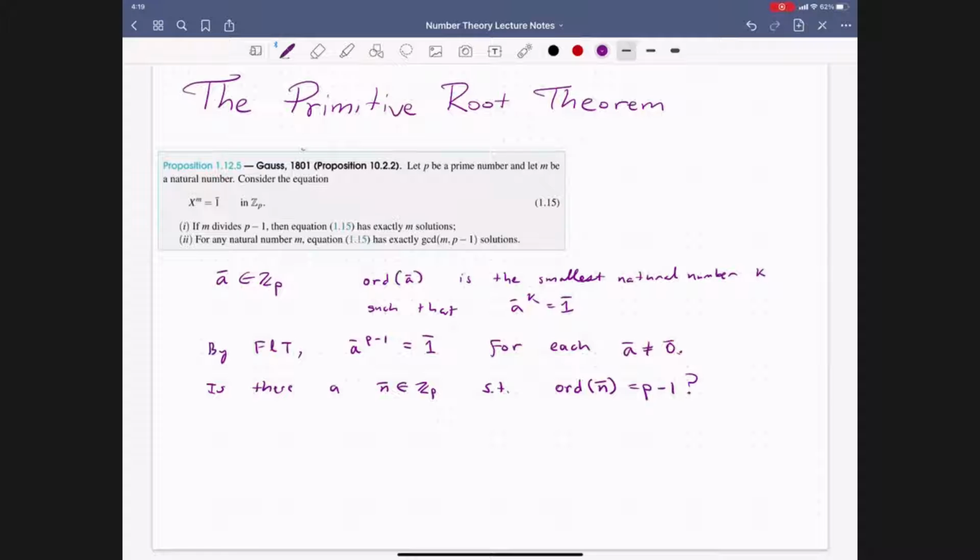We already know by Fermat's little theorem that we always have a to the p minus 1 is equal to 1 bar, and as a consequence, the order of every element of the integers modulo p has to divide p minus 1. But now we want to know, do we have equality? And the answer is yes. This is what we call the primitive root theorem, and the goal for today's lesson is to prove this result.